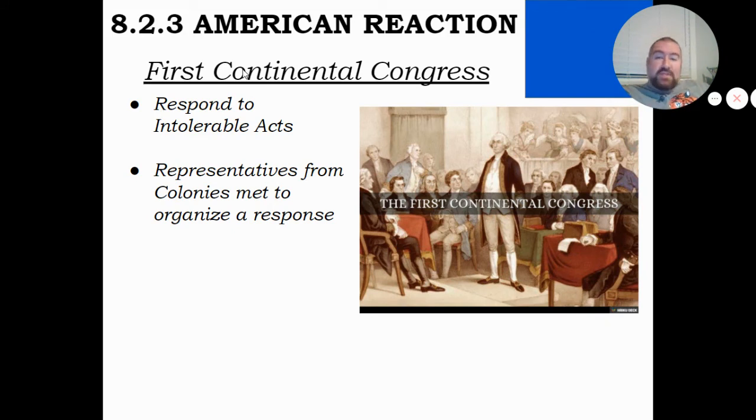So representatives from almost all of the colonies came together and they were like, we've got to organize a response to the Intolerable Acts. And how did they respond in the past? Well, they organized a boycott, because boycotts are very effective. If you want somebody to change, take money away from them. That's probably going to make them change. But one of the things that they also did was to write a strongly worded letter.